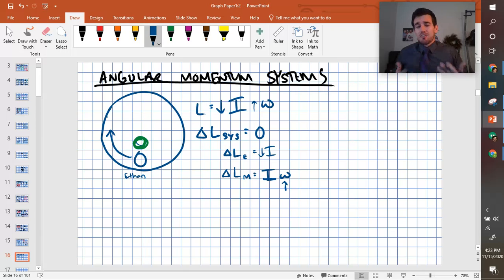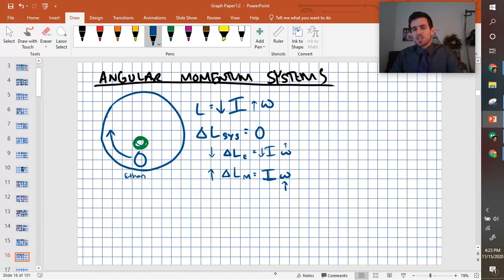So if this thing now has more angular momentum, and the whole system had no change in angular momentum, then Ethan must have had a decrease in angular momentum. He does speed up by a little bit. He still goes faster because he has to be going the same speed that the merry-go-round is going, but his increase in angular velocity is not as great as the drop in rotational inertia.